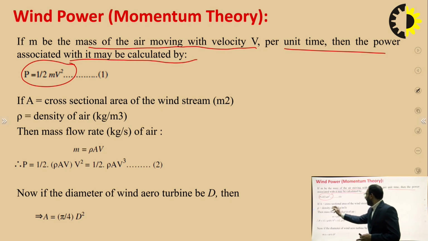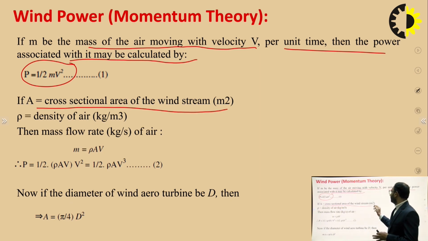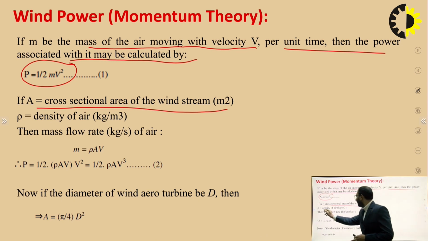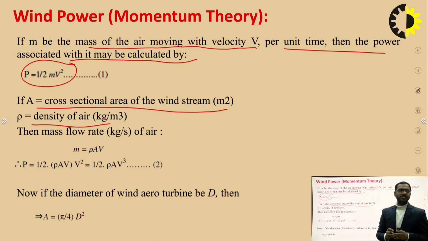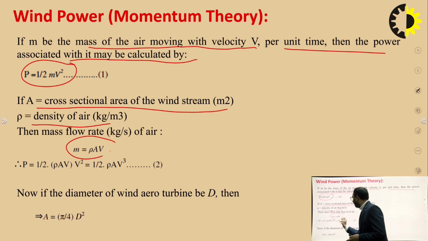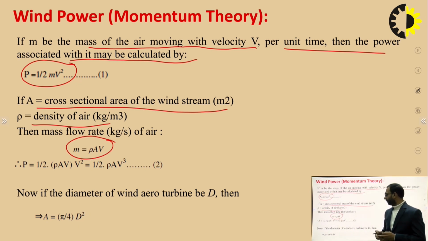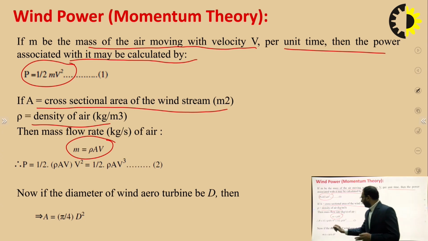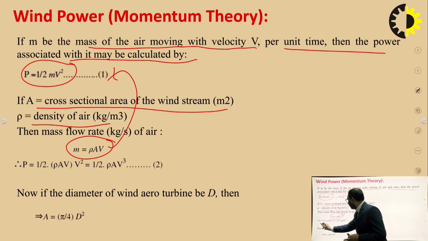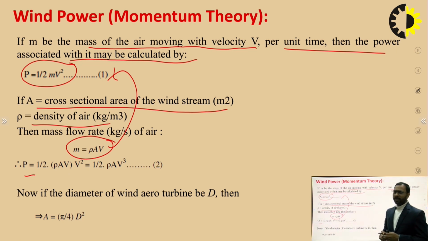If A is the cross sectional area of the wind stream and rho is the density of air, then the mass flow rate of air is m equal to rho A V. Therefore, by putting the value of m in equation number 1, P is equal to half rho A V cube.